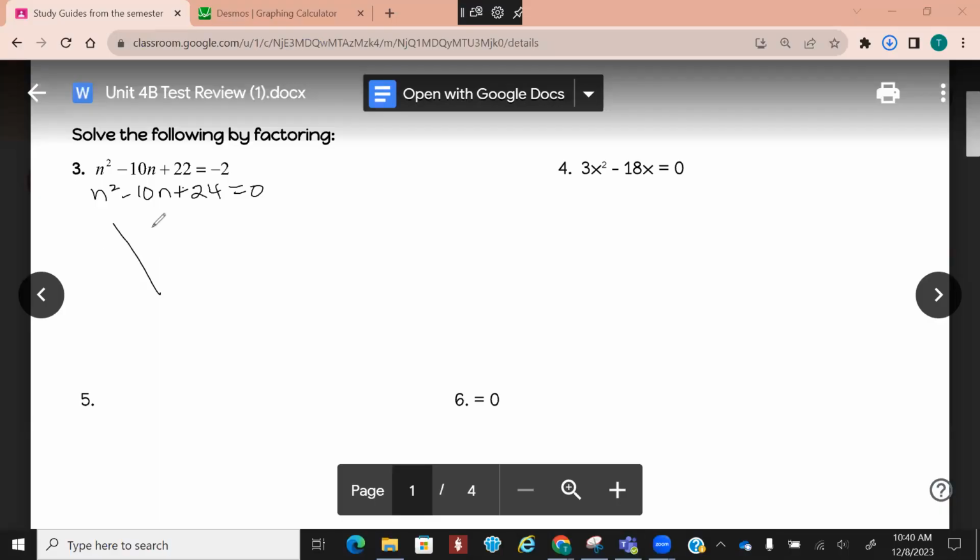So on here, we're going to get a times c, which is 24, b, which is -10. What 2 numbers can I multiply together to get me 24, but add together to get me -10? -6 and -4. 6 times 4.